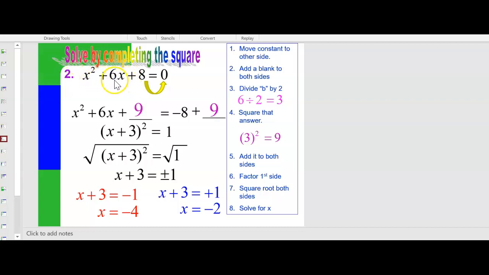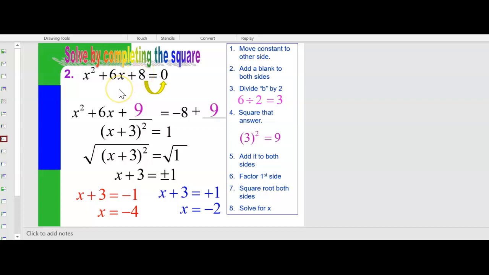So the next one here, you see you have 3 terms already, and can you make a perfect square here? You just need to check the last number to see if it equals 1/2 of b squared.